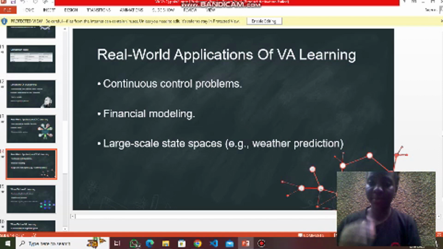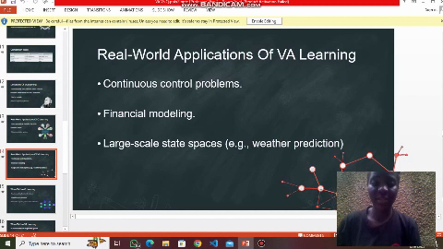Due to those characteristics, it can be applied in financial modeling, the likes of businesses and e-commerce. Then for large scale state spaces, we have weather prediction.